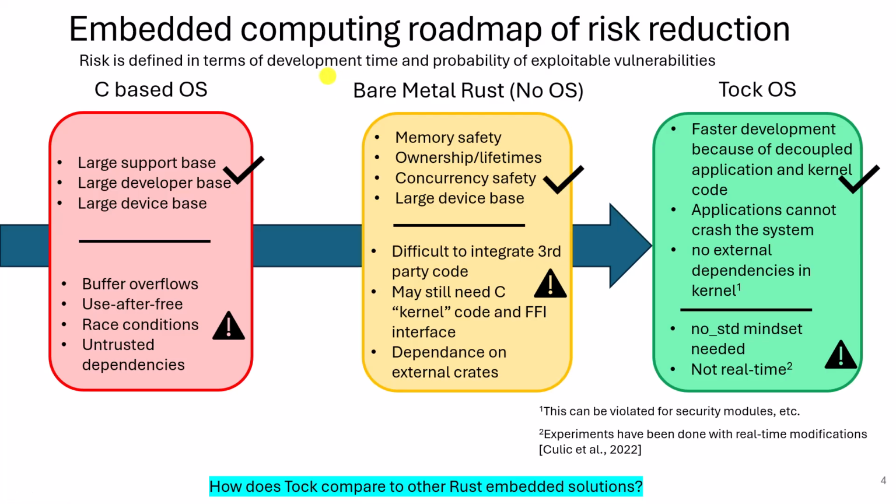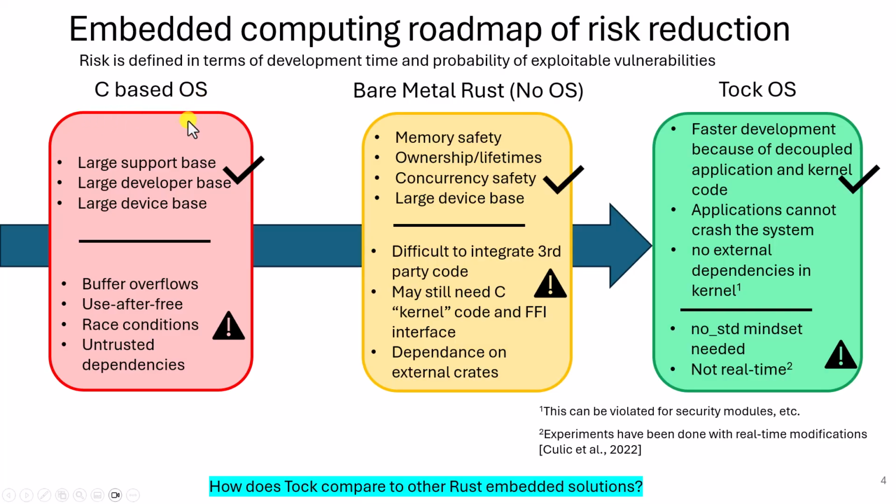And if we look at that roadmap of risk reduction, and we start at the leftmost end with the highest risk, we look at C-based systems, which are common, and C-based embedded systems using an operating system, which may be a real-time operating system.